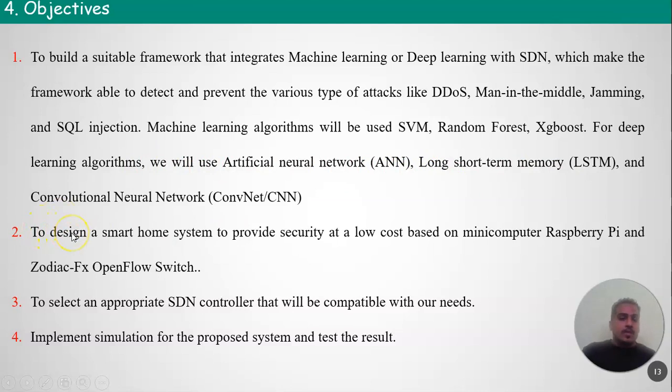We will design the smart home system to provide security at low cost based on the microcomputer Raspberry Pi and Zodiac FX OpenFlow switch, select an appropriate SDN controller compatible with our need, and implement a simulation for the proposed system that tests the result.